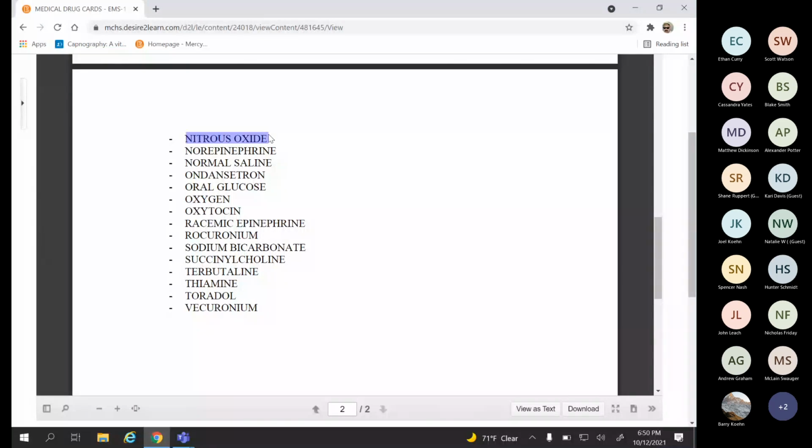The other name for norepi is Levophed. It's a very potent agent used to increase blood pressure and increase heart contractility. I have a question about that, Rudy. What's the major difference between norepinephrine and epinephrine? Norepinephrine is concentrated differently.